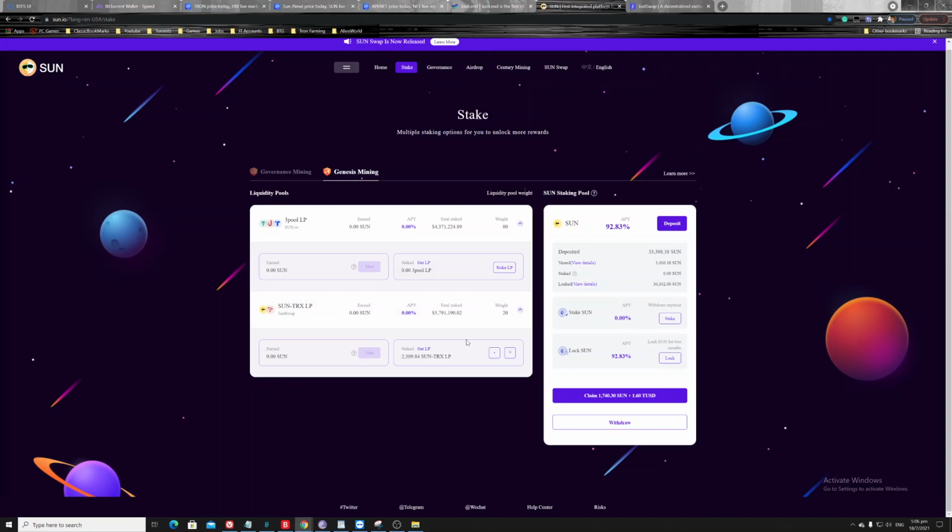All right, so after I've done the withdrawing here, the thing is I cannot find where I can un-liquidity pool that one. Un-liquidity pool means separating the Sun and TRX so I can sell both and transfer the money.